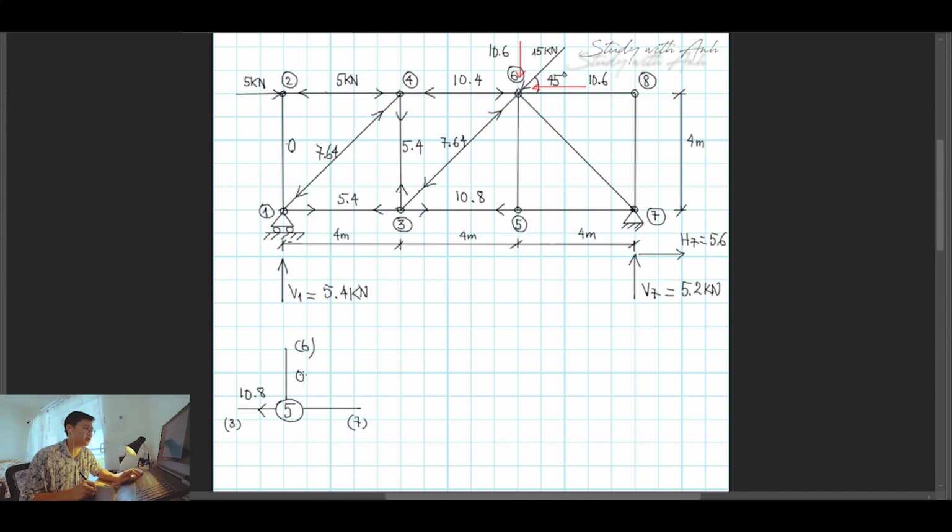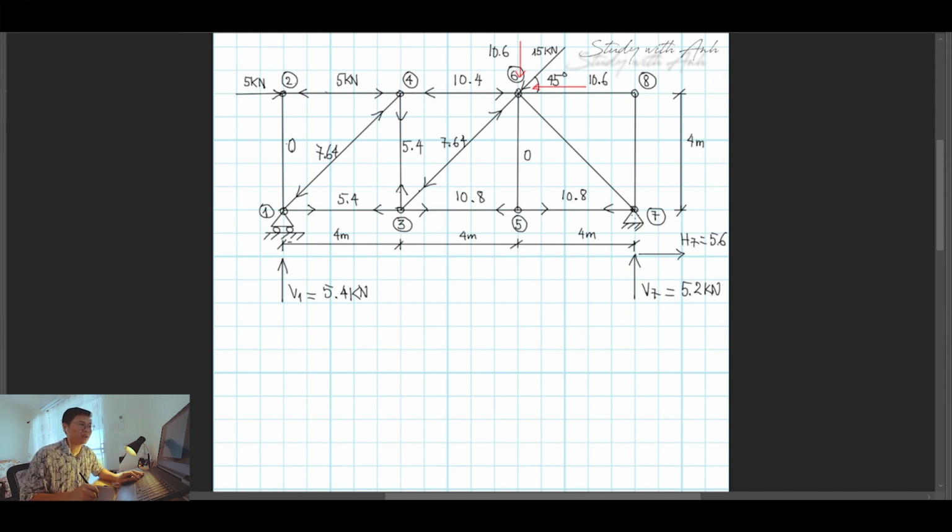And on this side, the force on member 5,7 will equal the force on member 3,5, and it is under tension. So 10.8. It was an easy one, wasn't it?